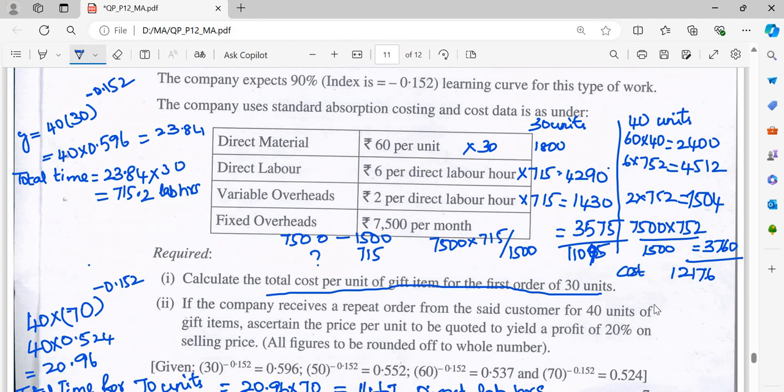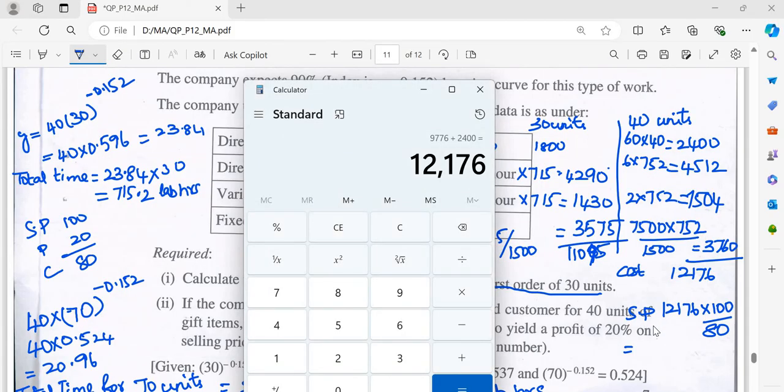So selling price will be my 100%. So base is 100. So profit will be 20. So what will be my cost? It is 80%. So if I am calculating selling price, that is 12176 into 100 by 80. So this will be my selling price. So I will be getting 15,220.